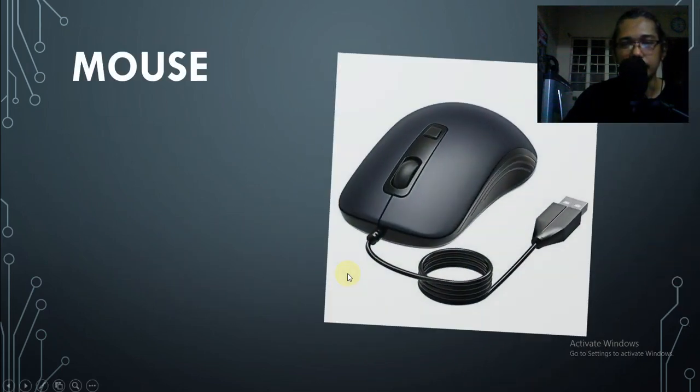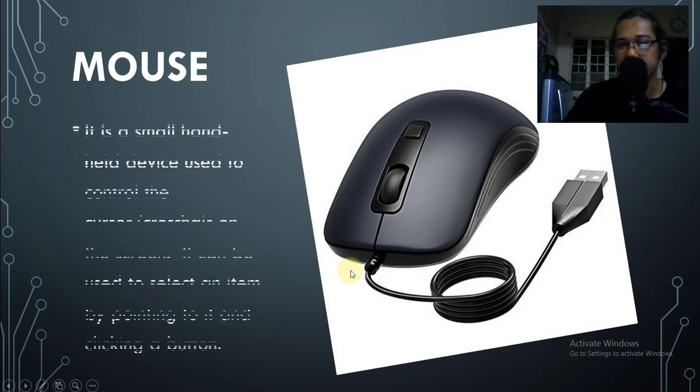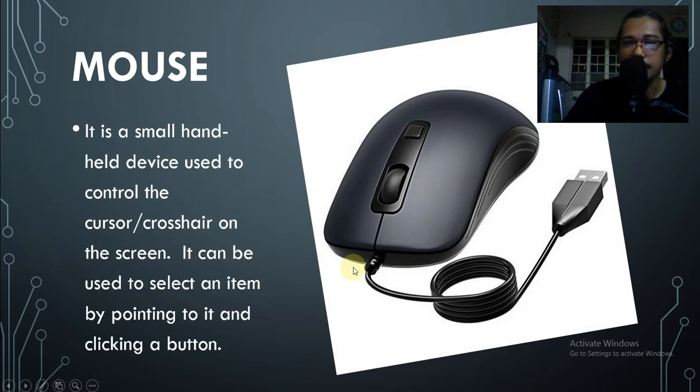Okay, next is the mouse. The mouse is a very common peripheral of the computer. Today, we cannot use the computer without a mouse. We have gotten used to it as a part of the computer. But guys, before the mouse was invented, we really only used the keyboard.